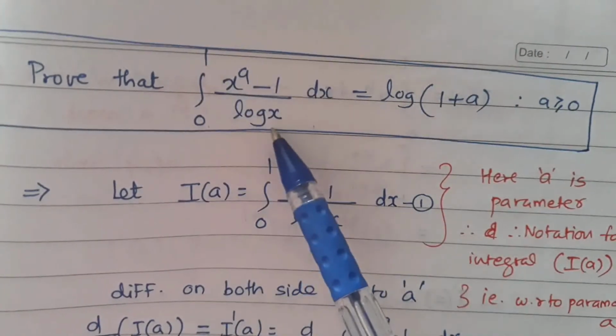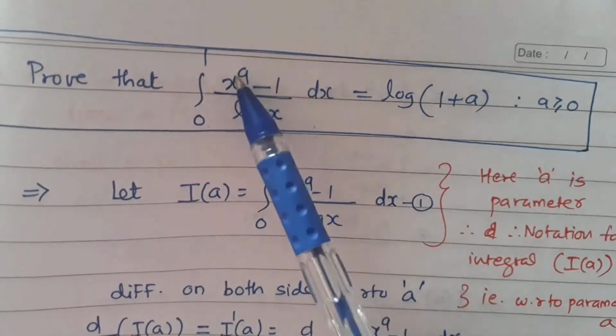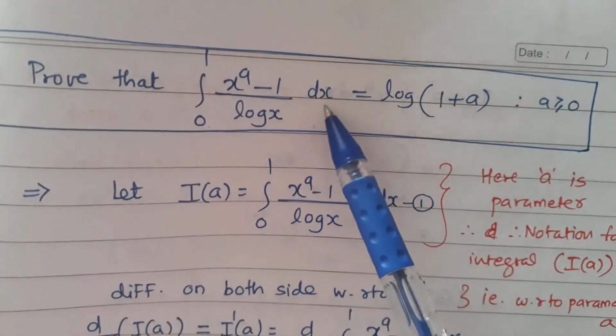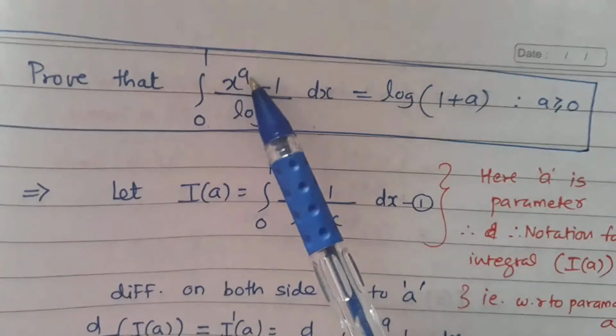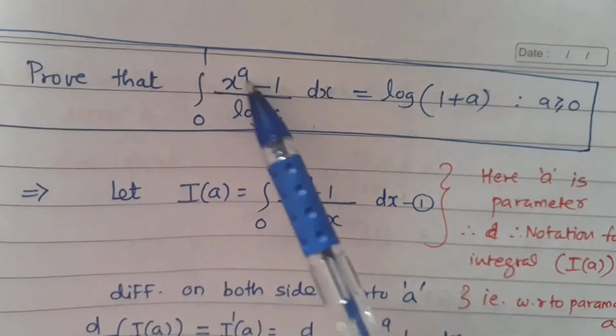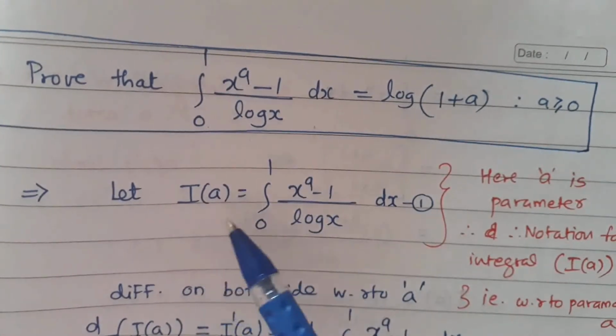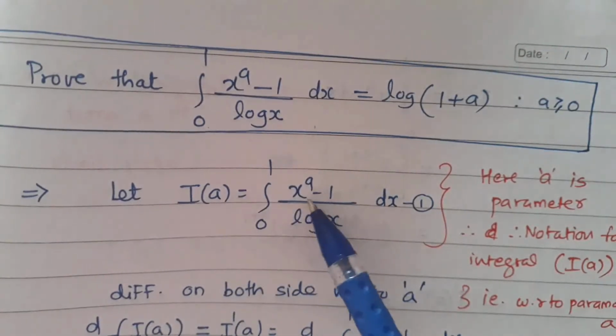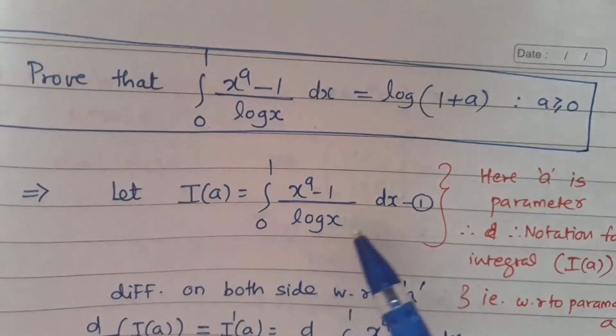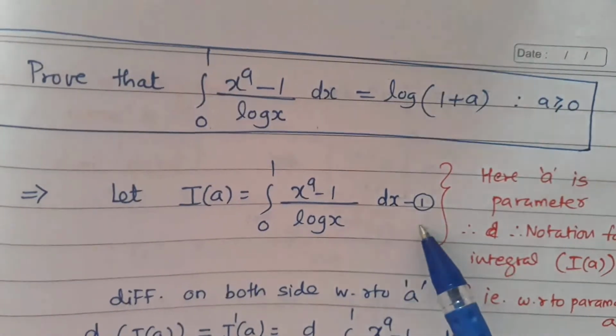This is a function of two variables x and a, integrated with respect to x. So x is the variable here and a is the parameter. So use the notation I of a is equal to the integral from 0 to 1 of (x raised to a, minus 1) upon log x dx. Call it equation number 1.